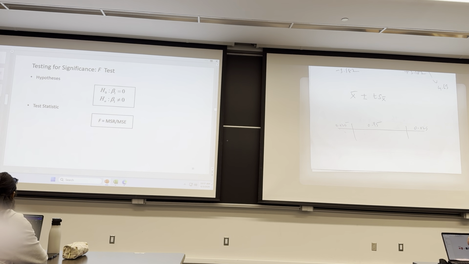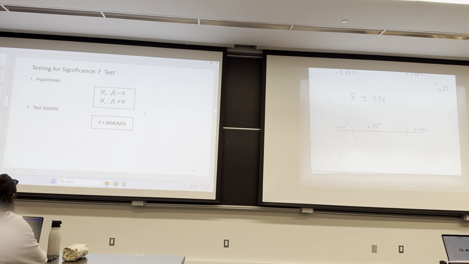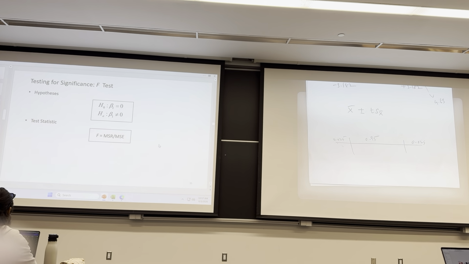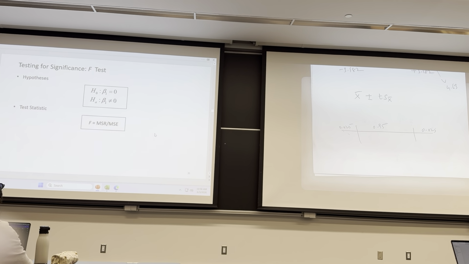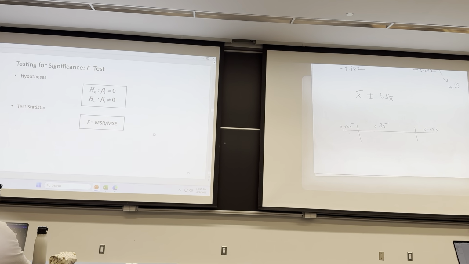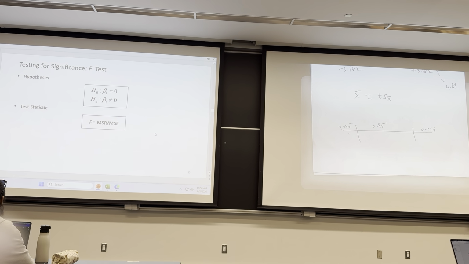Now, you can also do the hypothesis testing using the F-test. The F-test is simply the ratio of two variances. Again, B1 is equal to 0 versus B1 is not equal to 0. And what are the two variances? MSR is simply SSR divided by what?